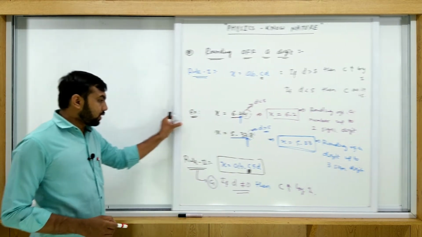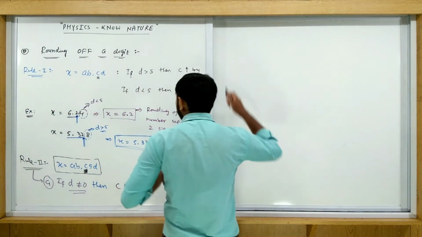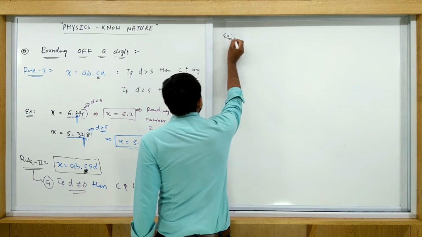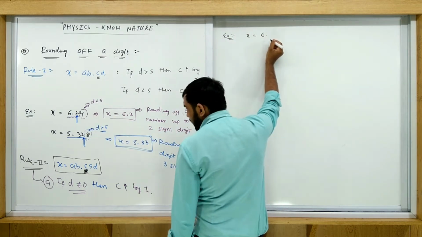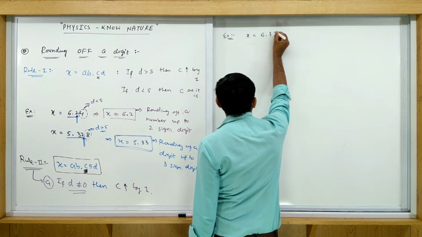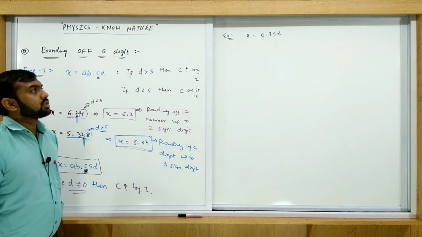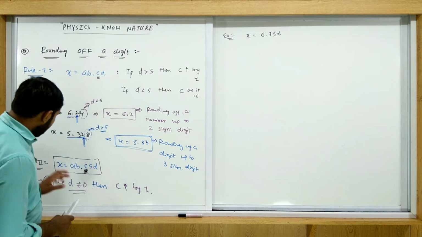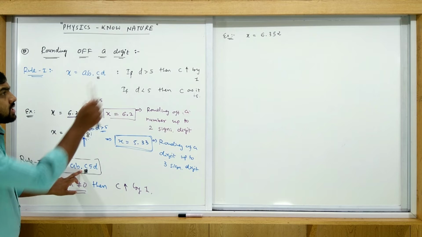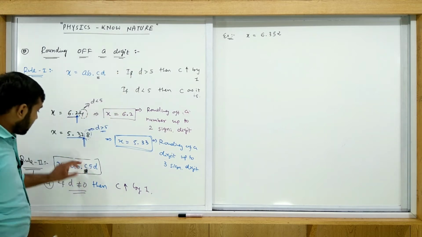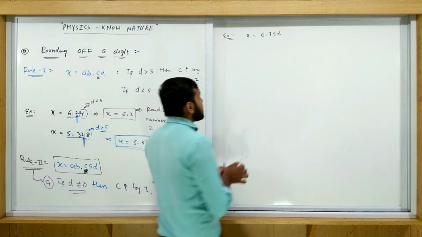What is the example for rule number 2? Write down one example. Suppose x is equal to 6.352. So the number is like this: x is equal to AB, where AB is 6, decimal point, C is replaced by 3, 5, and D is, suppose, 2. So what is the C here?